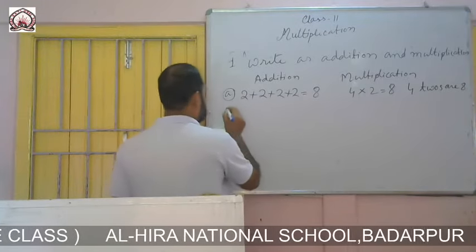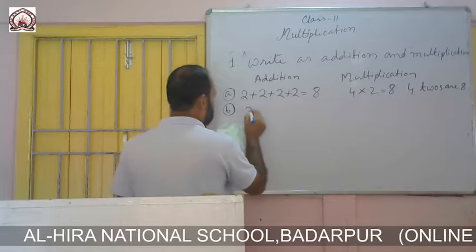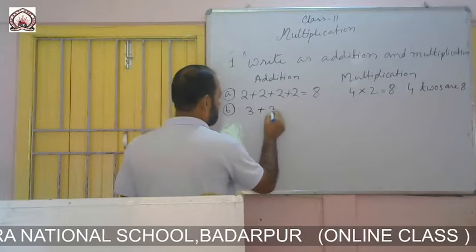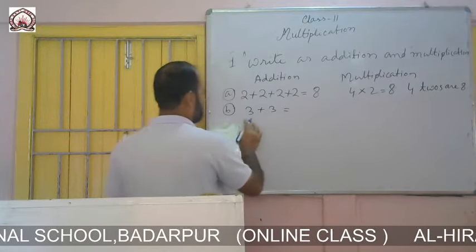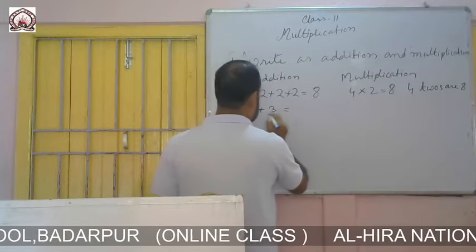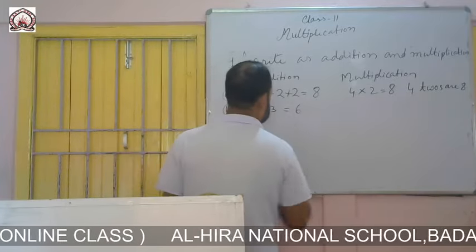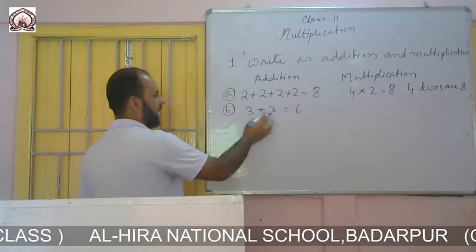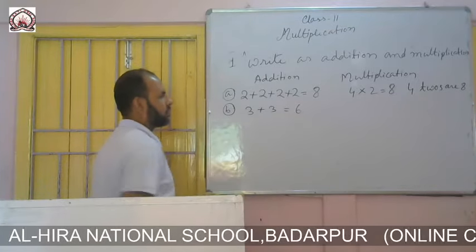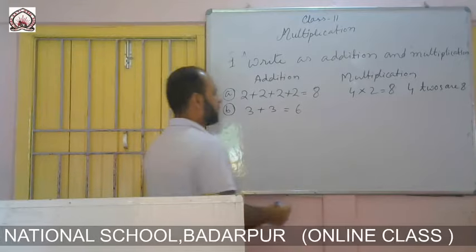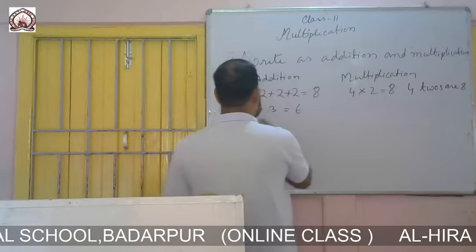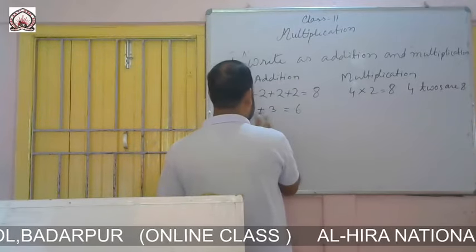Question number B. 3 plus 3 is equal to 6. So in addition we write 3 plus 3 is equal to 6. In multiplication we write how many times 3 are there? 1 time, 2 times.